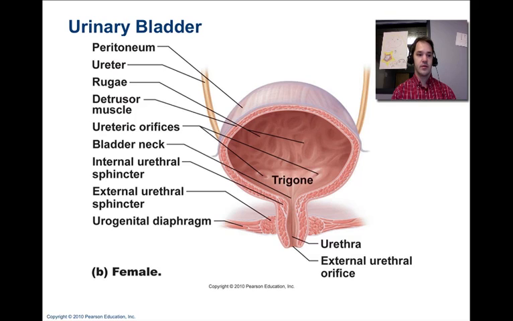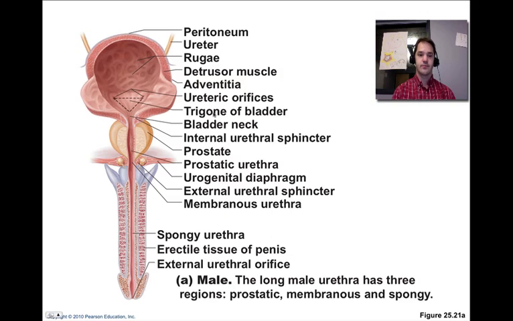The internal urethral sphincter is involuntary and formed from the detrusor muscle. And then the external urethral orifice lies between the clitoris and vaginal opening in females, and at the tip of the penis in males.